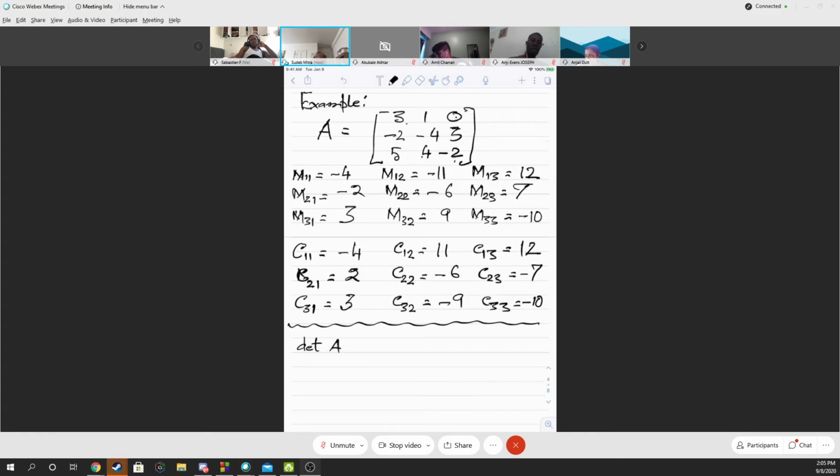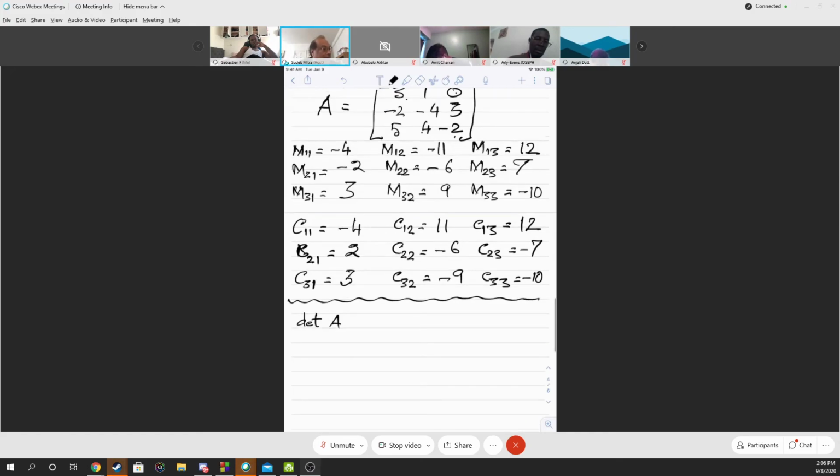The idea is we can expand along any row. We can expand along any column.